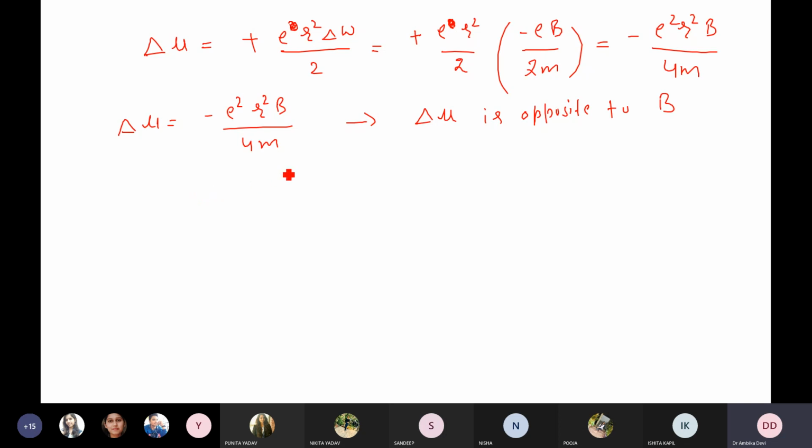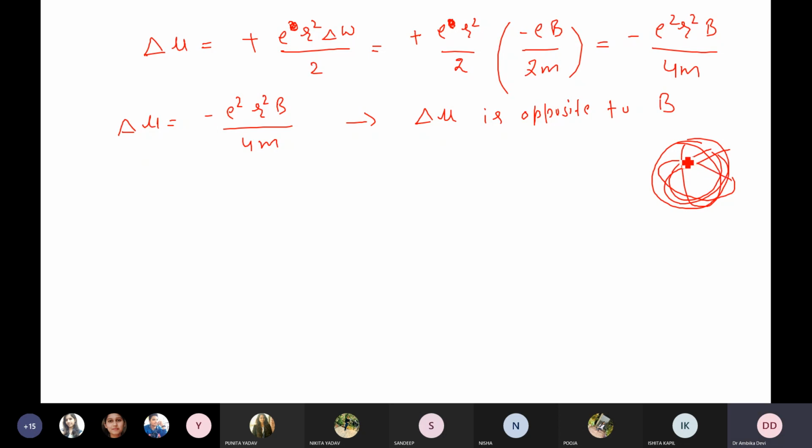Now see, you have to see that we are talking about an entire material, the bulk of the diamagnetic materials, right? And when we talk about a single atom, there are n number of orbitals in this atom, and they have different orientations.